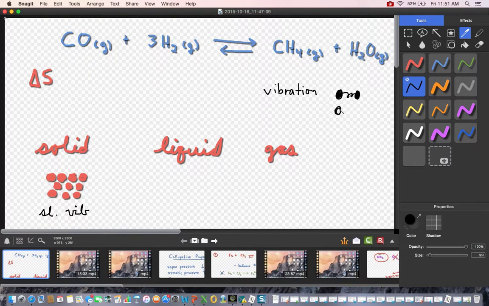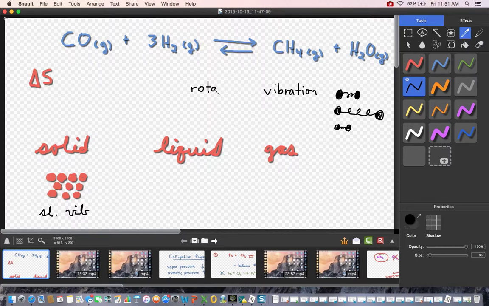And then, of course, you can stretch the spring, and you can also compress the spring. So vibration is very slight when you're in the solid phase, and that's the only motion that you have. You can also have rotation.